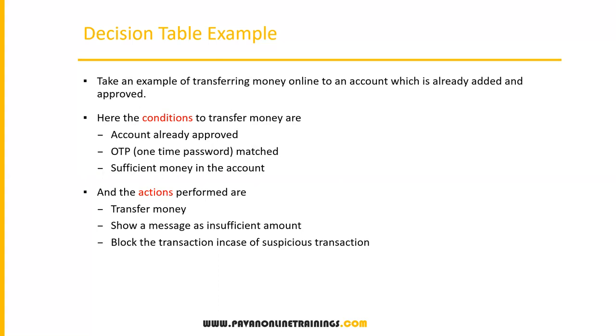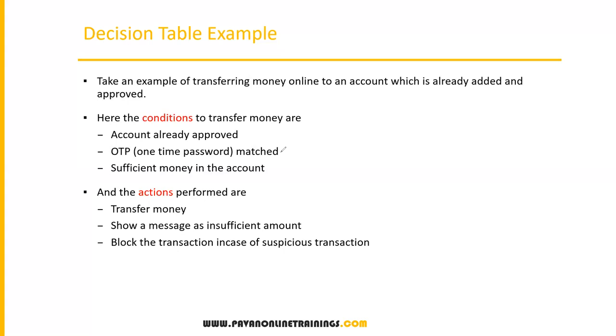So my conditions are: account already approved. This is one condition. OTP matched. Whenever you're sending some money, you will get an OTP, right? That OTP should match. That is one condition.